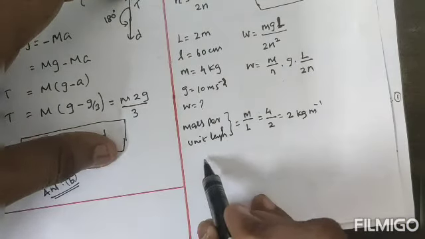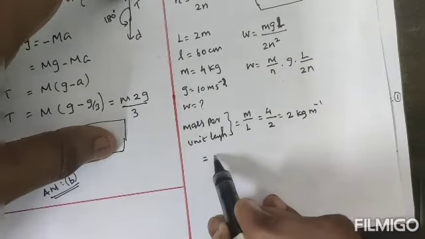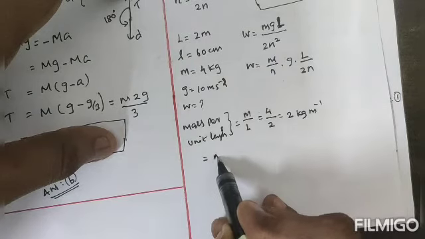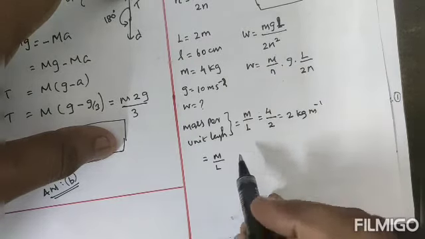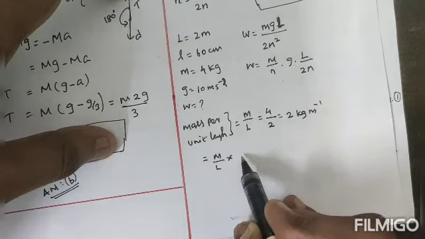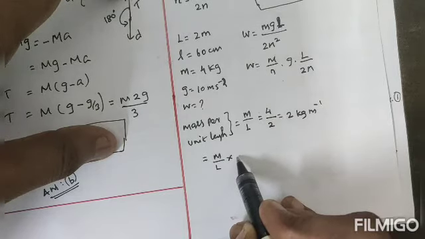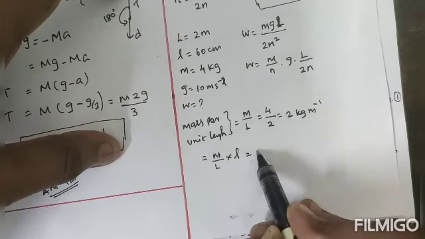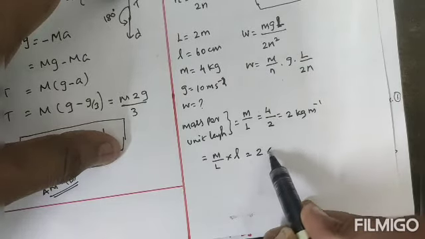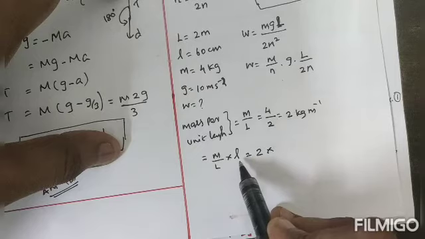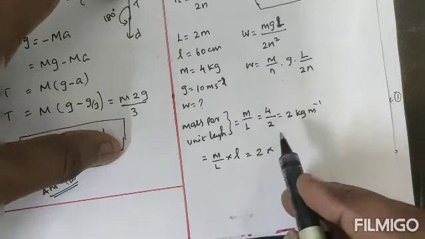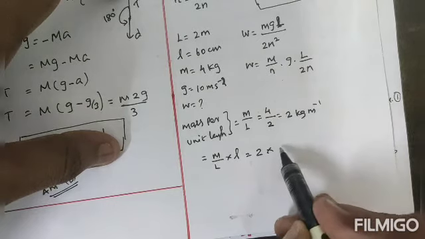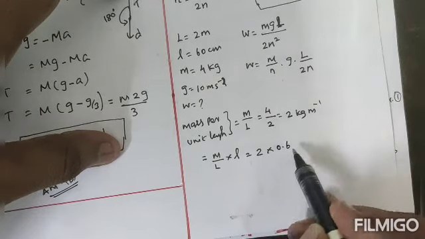So we are going to calculate m by l for the hanging part. Mass per unit length is 2 kilogram per meter, and for that we calculate only the hanging length. The hanging length is 60 centimeter, that is 0.6.